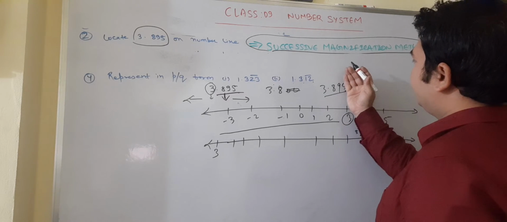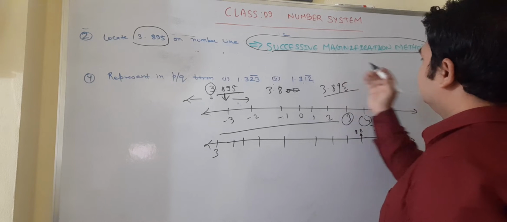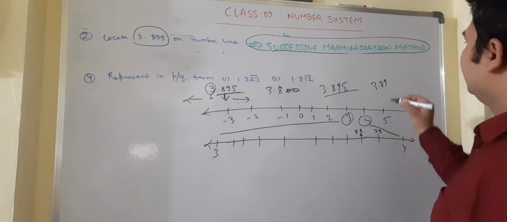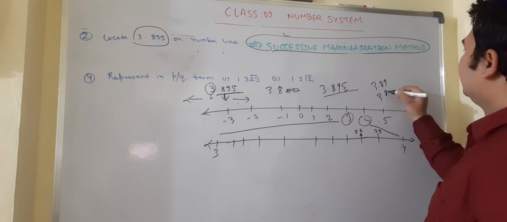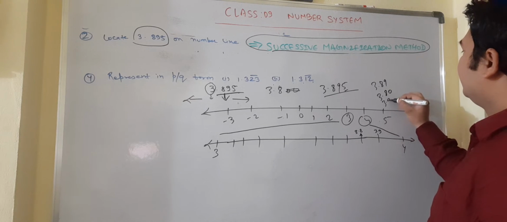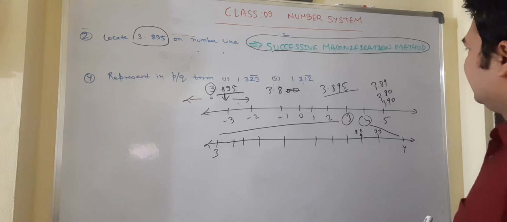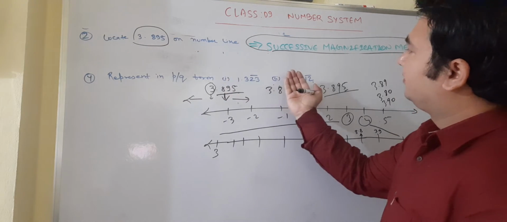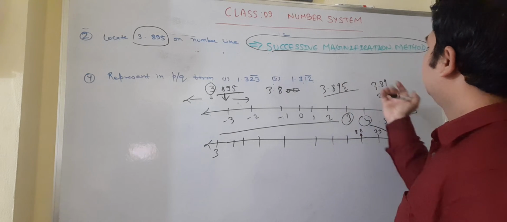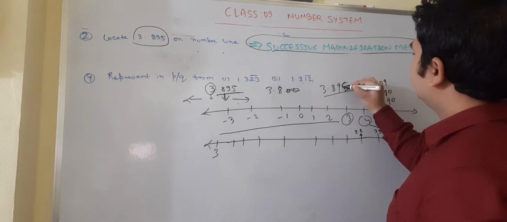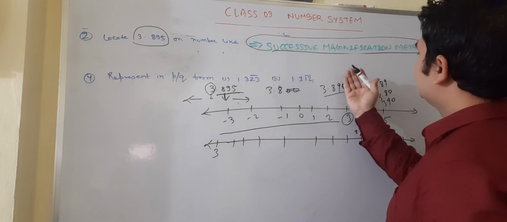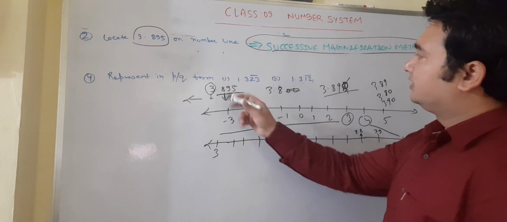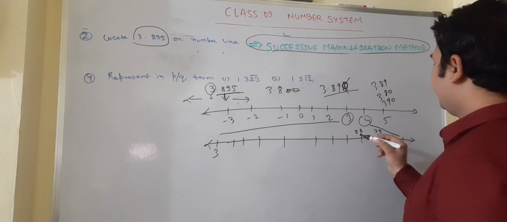This point will lie between 3.80 and 3.90. So first you saw 3, then 3.8, then 3.89. So leave it for now. We are seeing just 3.89.